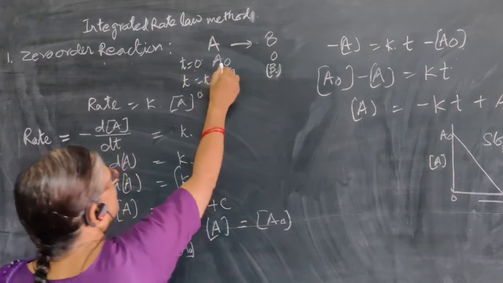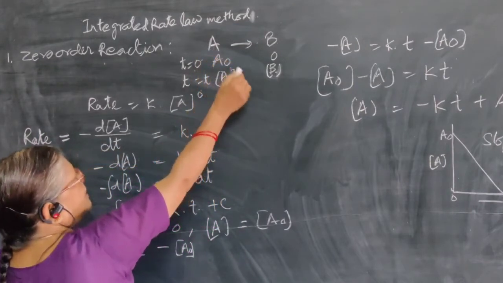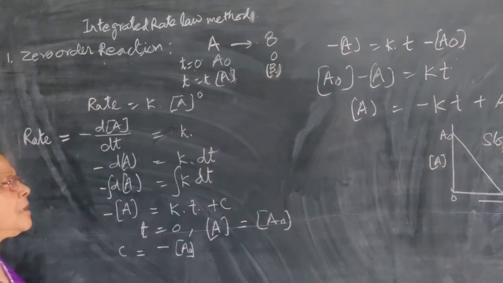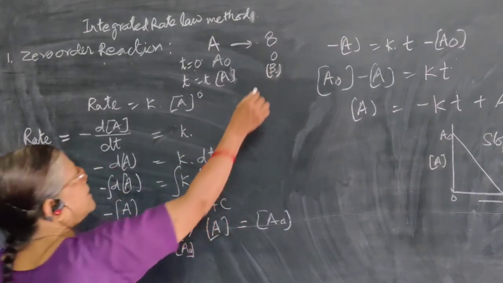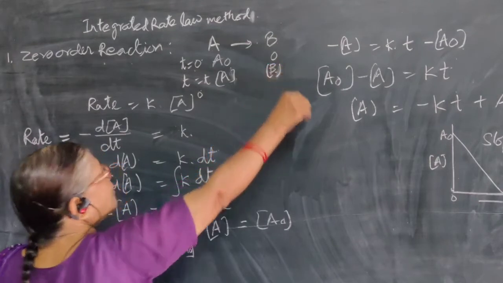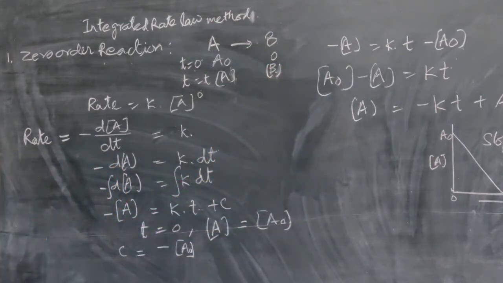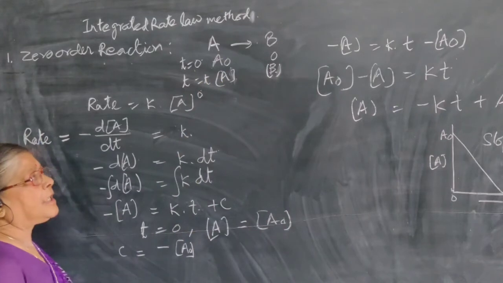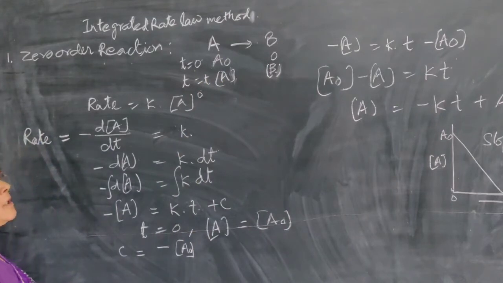At time t equal to 0, the concentration of A is A0 and the concentration of B is 0, because the reaction has not started till now. So the concentration of the product is taken as 0. Or you can say that at t equal to 0 there is only the concentration of the reactant but no product is formed.